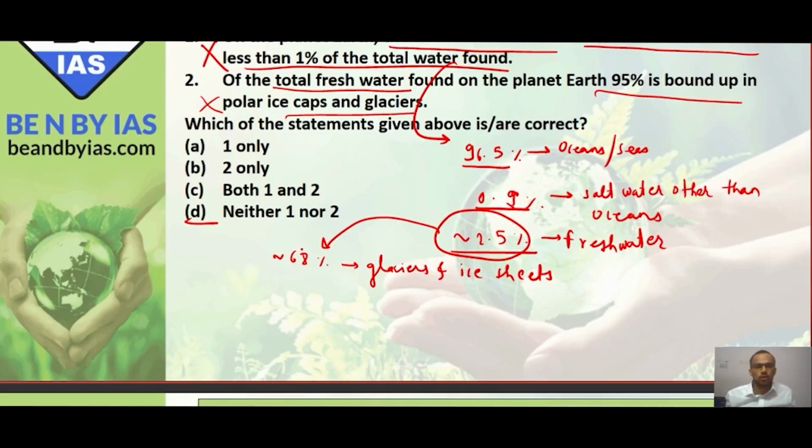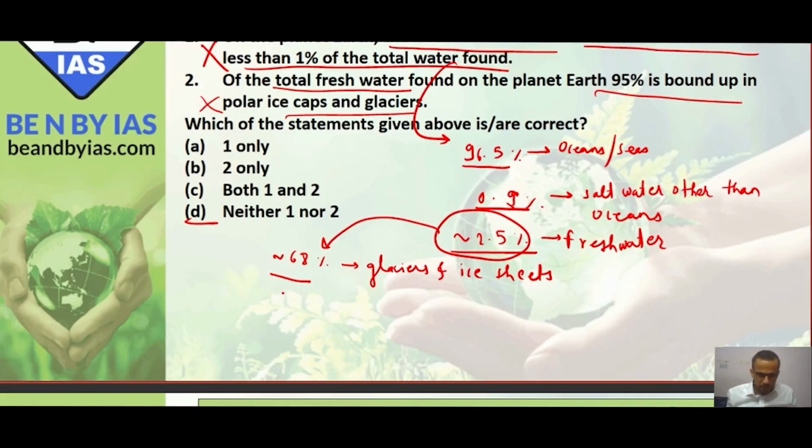Neither one nor two. Because the fresh water available for use is around 2.5% of the total water available, and out of total fresh water available for use, around 68% is accumulated in glaciers and ice sheets. Fine.